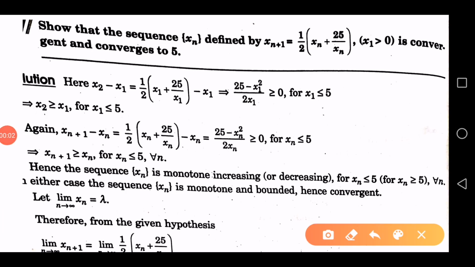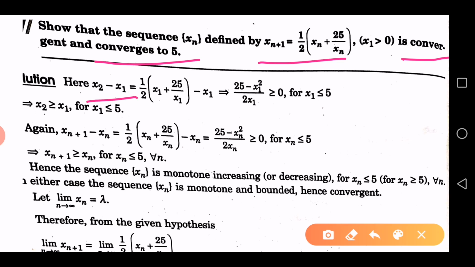Problem number 9. Show that the sequence x_n given by x_{n+1} equal to half into x_n plus 25 by x_n, where x_1 greater than 0, is convergent, and we are also required to show it converges to 5.